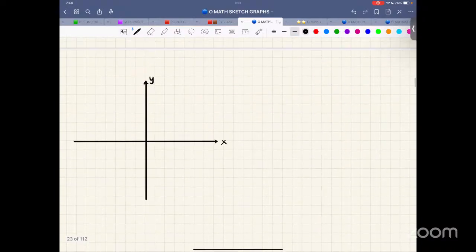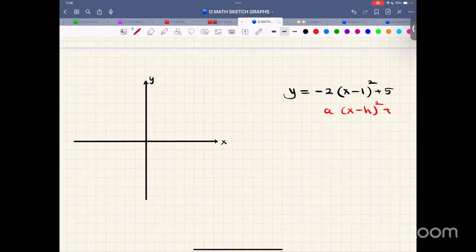Something like y is equals to minus 2(x minus 1) whole square minus 5, actually plus 5. Underneath it, right? This is a(x minus h) whole square plus k. A is negative. The shape is like this. Minus h is minus 1, therefore h is 1, k is 5.